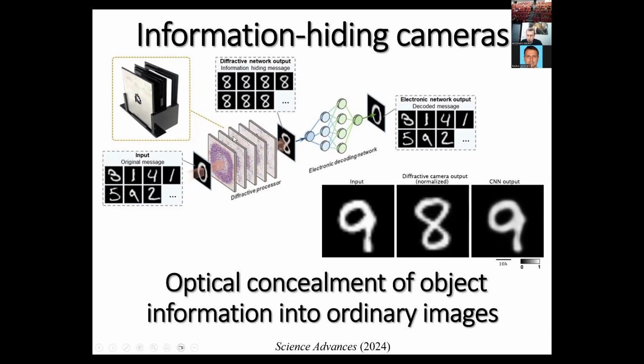We solve this problem by a process that is known as vaccination. You can look at vaccinated diffractive networks from our lab, published several years ago, as a way to solve this problem. And for everything that is experimentally shown in this presentation, every single result, there is vaccination as part of it.